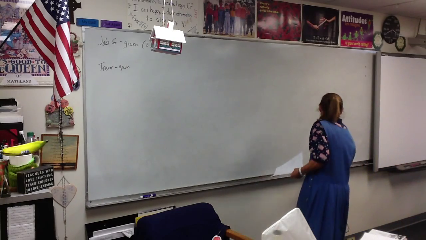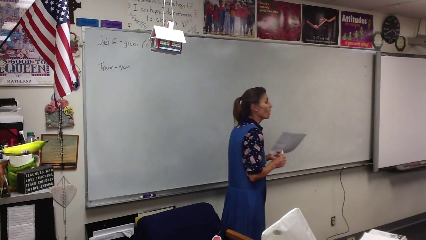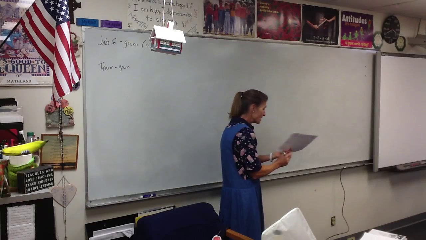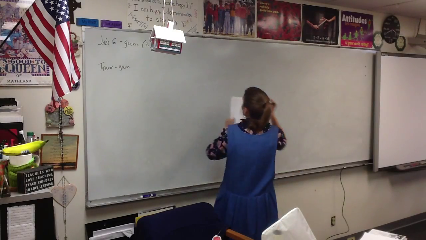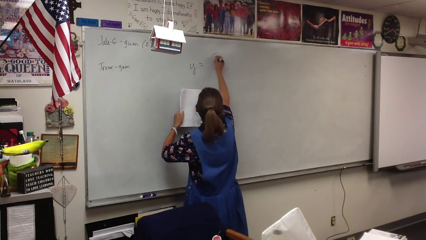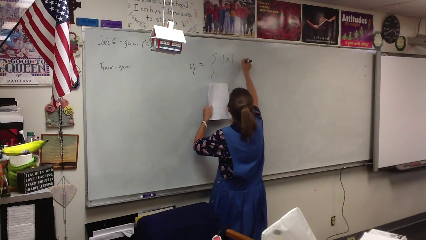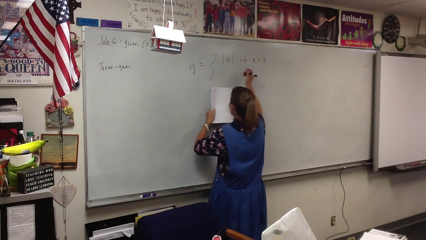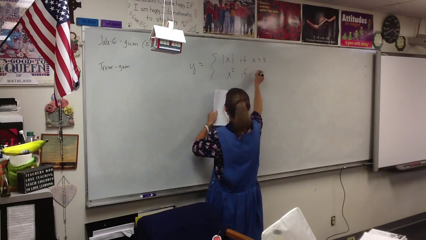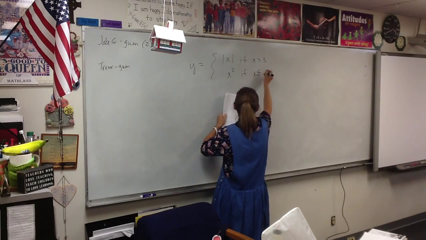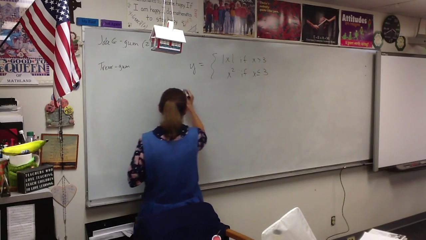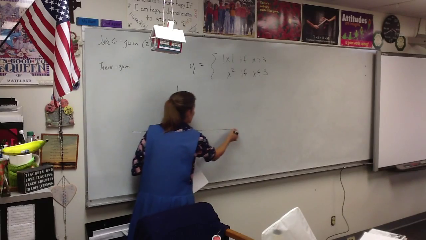All right. Today we're going to graph what are called piecewise functions. So I need everybody paying attention to number 4, and it looks like this. All right, so we're going to graph this thing.